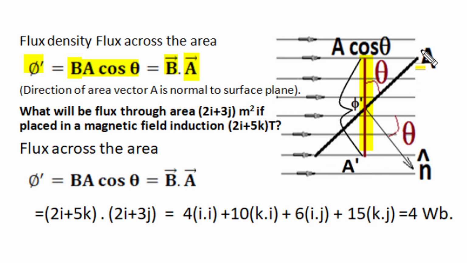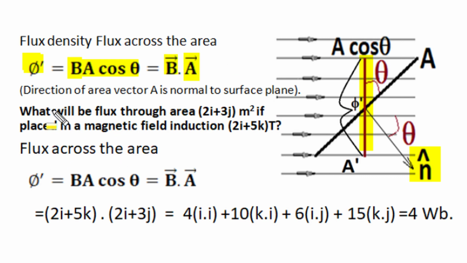For any area, the area vector is directed normal to the plane and is outward, as shown by this n cap unit vector. N means normal here. If the area vector gets tilted from its normal position by theta angle, then the angle between B vector and area vector becomes theta, and the dot product of B and area vector will give us the amount of flux passing through any area. This numerical example will explain the theoretical concept.